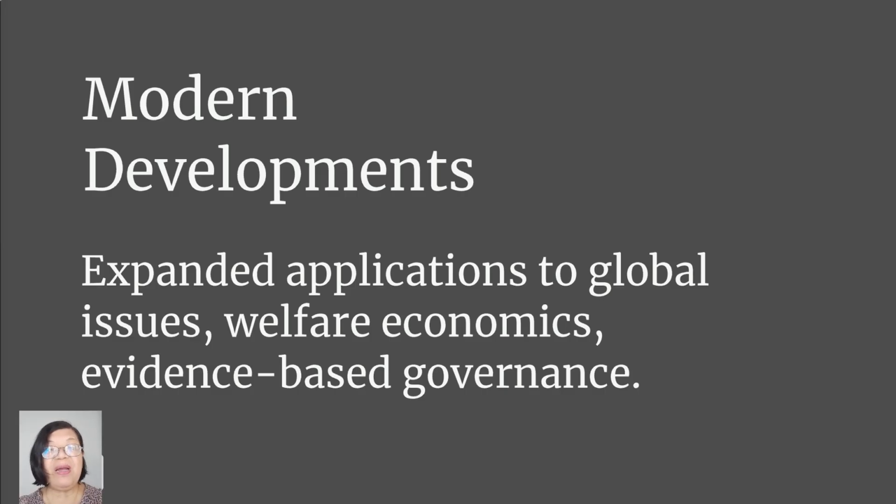In public policy, utilitarian logic influenced welfare economics, cost-benefit analysis, public choice theory, and evidence-based governance, just as what we have now, PBB, computation of performance-based benefits, upon which the granting of bonuses of our public employees is based.